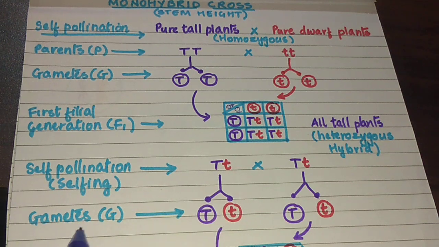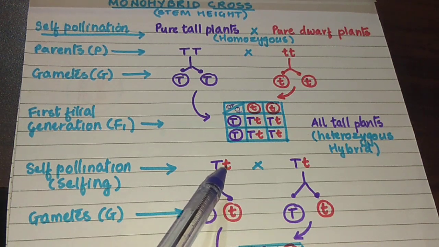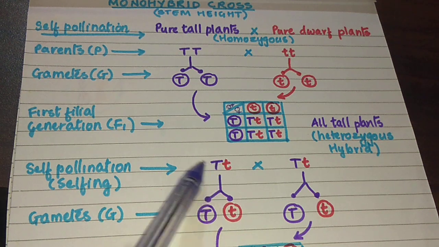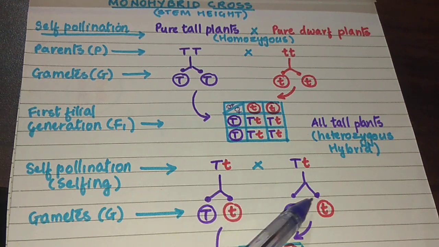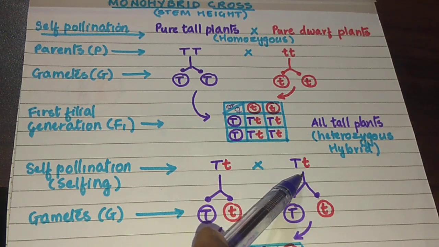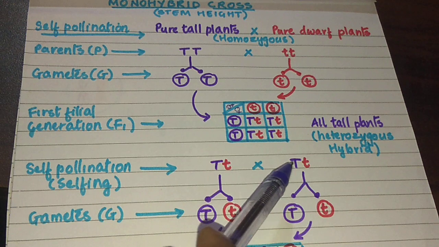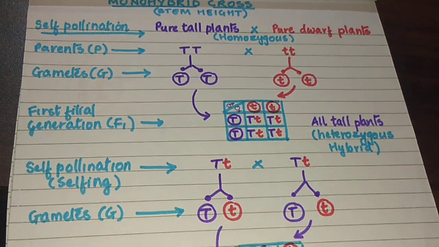So we write gametes in bracket G to show the gametes in circles. Capital T, small t: this parent will give rise to one type of gamete, capital T, and another type of gamete, small t. Similarly, we will see the same in the other parent of the F1 generation.